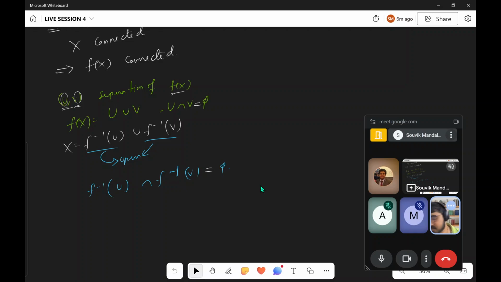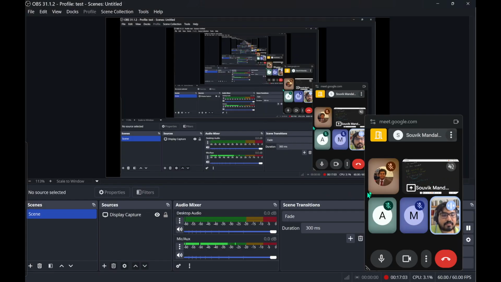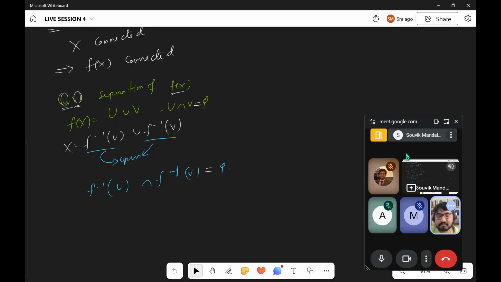So now, this particular theorem tells that if we have a continuous map and if the domain is connected, then the codomain is connected. That's the gist of this theorem.